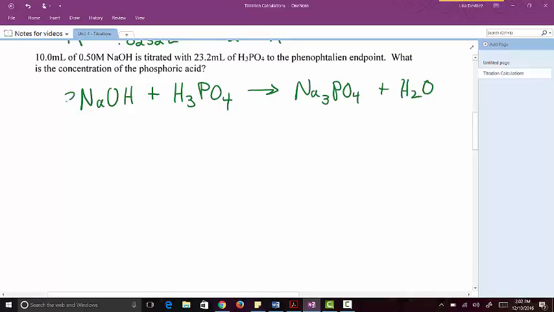I got to balance it, setting 3, and we'll get 3 there. Okay, so I have 0.01 liters of 0.5 molarity, and I used 0.0232 liters.